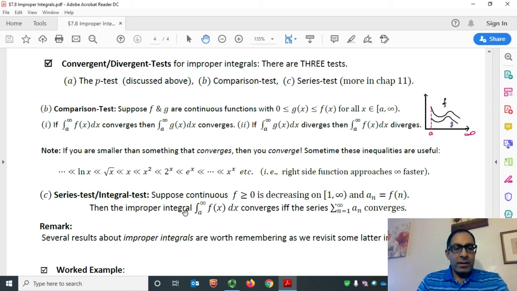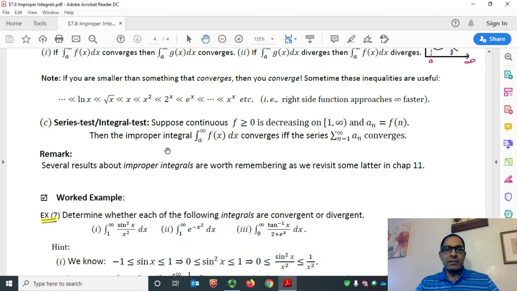Awesome. Now, the series test, or we call it the integral test in chapter 11. Suppose our function is continuous, positive, and decreasing on the interval 1 to infinity, and a_n equals f(n). Then the improper integral converges if and only if the corresponding series converges.